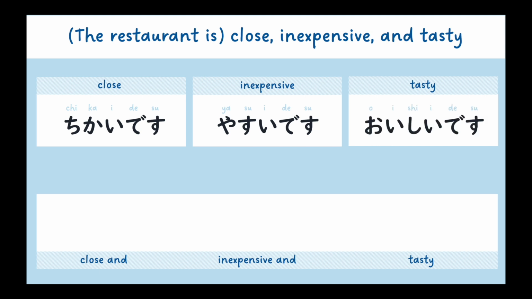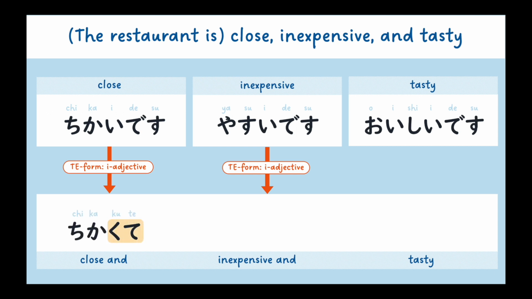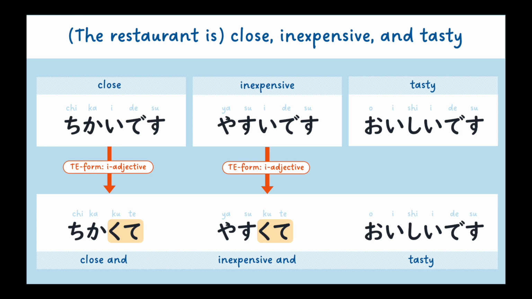So to connect three adjectives in a sentence, we change the first and second adjectives to their te forms, and we leave the last adjective as is. So it's close, inexpensive, and tasty is 近くて安くておいしいです.